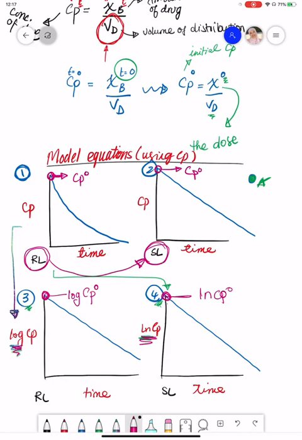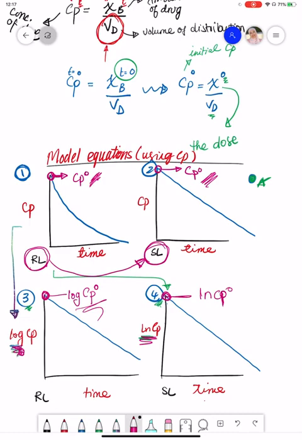So if we want CB naught as the profile on a rectilinear graph, CB versus time, it will be just CB naught. Or in semilog, CB versus time, it will be CB naught only. If it's transformed to log, the y-intercept will be log of the initial concentration, and in ln it will be ln of the initial concentration.